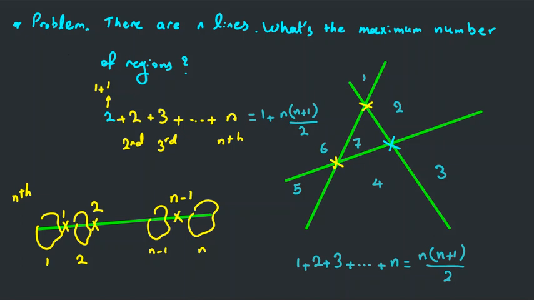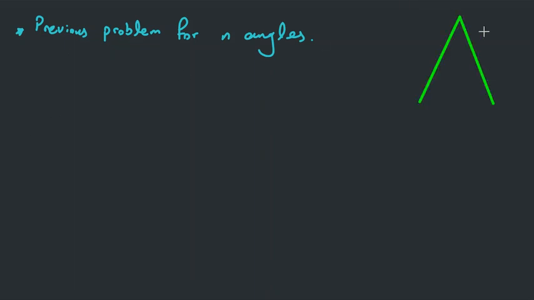Now, if we solve the previous problem, instead of n lines, for n angles, you should consider, if you have two angles, what happens? What's the maximum number of intersections?